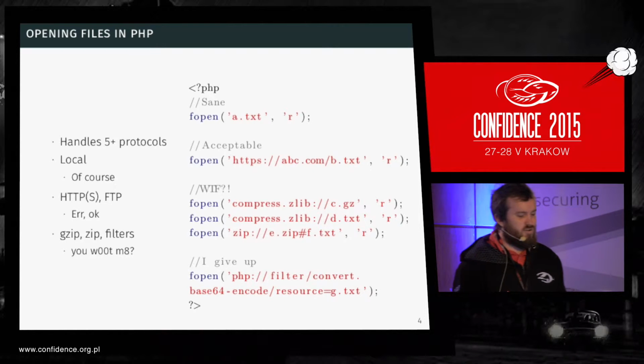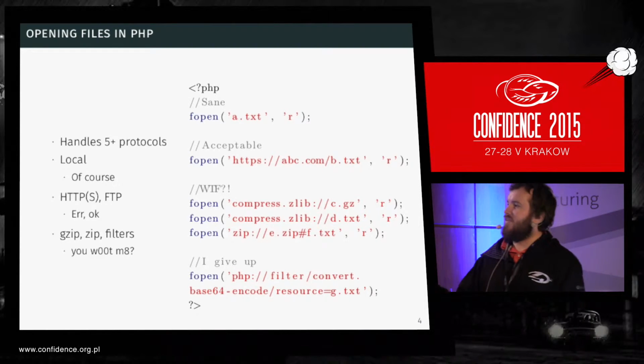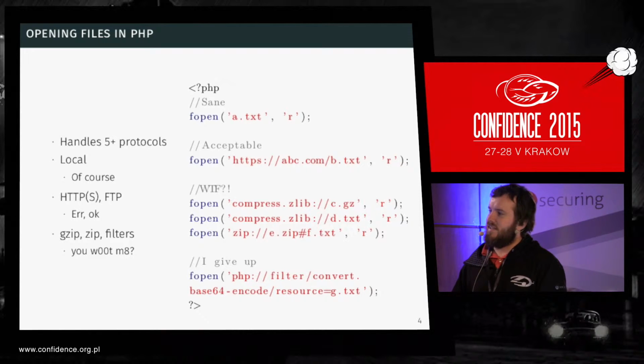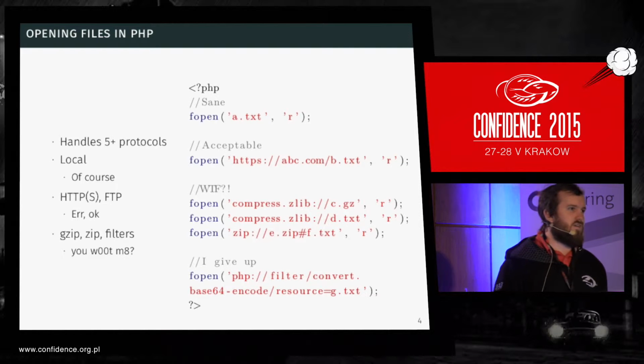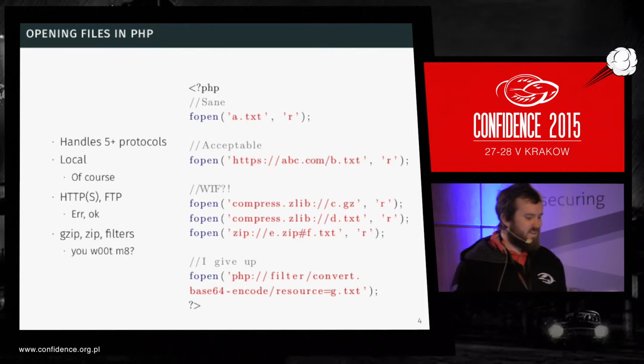If you have a zip archive, you can open a file inside the zip archive as if it were a regular file with this syntax here. You specify the archive name, the hash, and the file inside the archive. So now we will read from f.txt as if it were a regular file on the file system. Kind of strange.